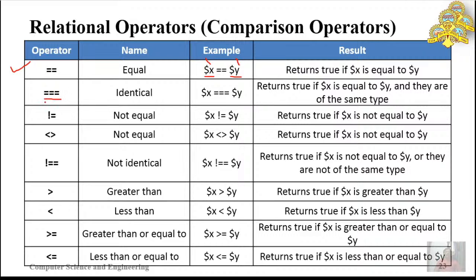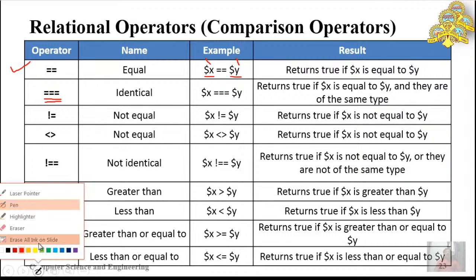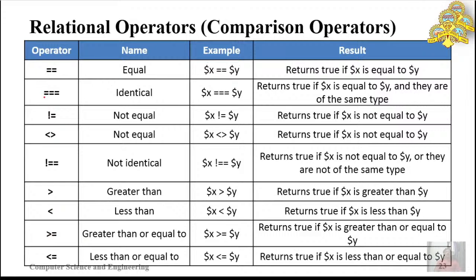It's not double equal, it's triple equal sign, three times. $x triple equals $y returns true if x is equal to y and they are of the same type. The value should not only be equal, their type should also be equal.